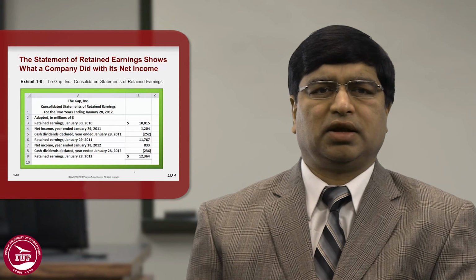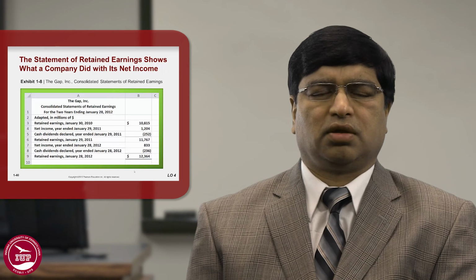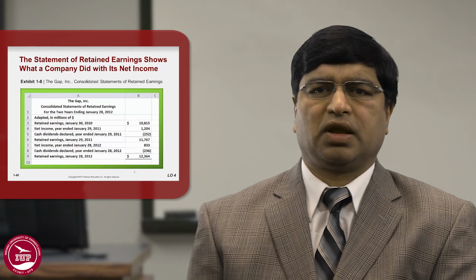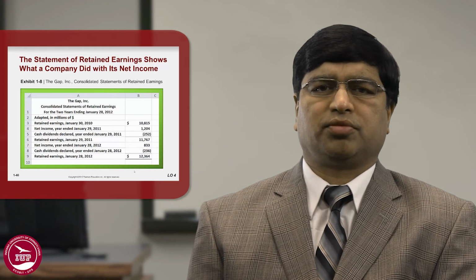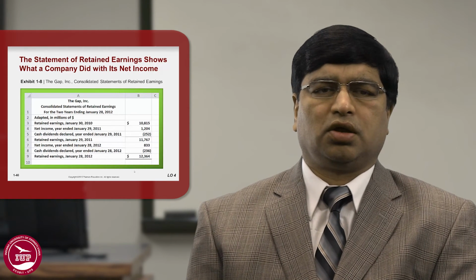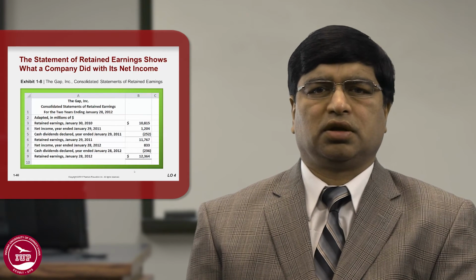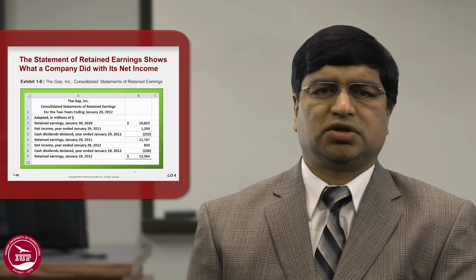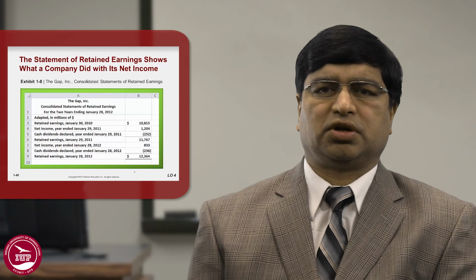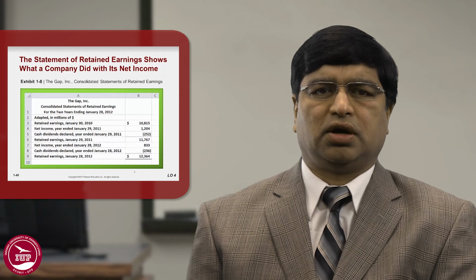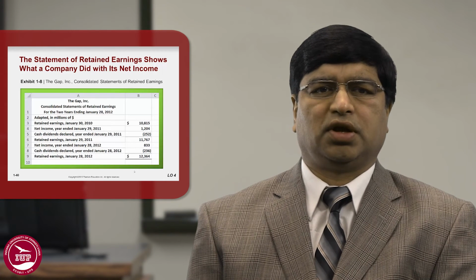You'll add any net income that has been generated throughout the period, and which comes from the income statement. You will subtract the losses if you had the losses. Then you subtract the dividends, because dividend is not an expense, but it is a return of shareholders' money back to them. And that will give the retained earnings at the end of the year.